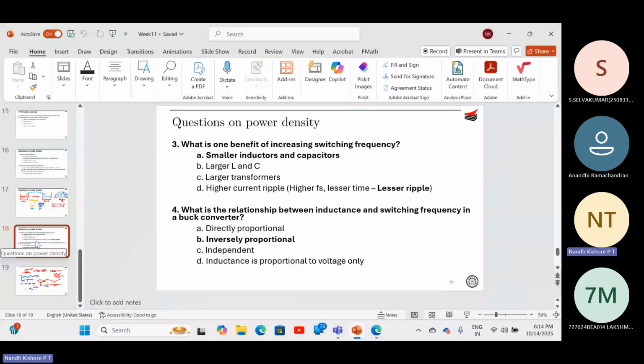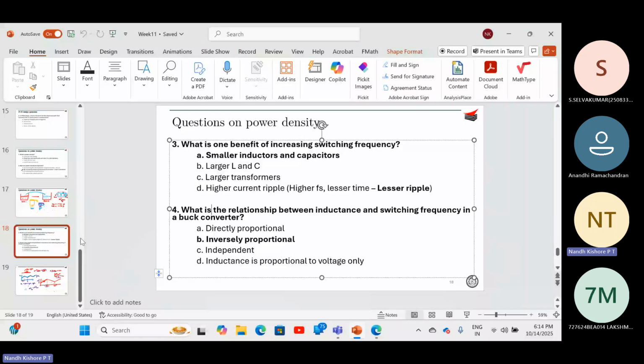The last question we saw was: what is the relationship between inductance and switching frequency in a buck converter? We saw that it was inversely proportional.